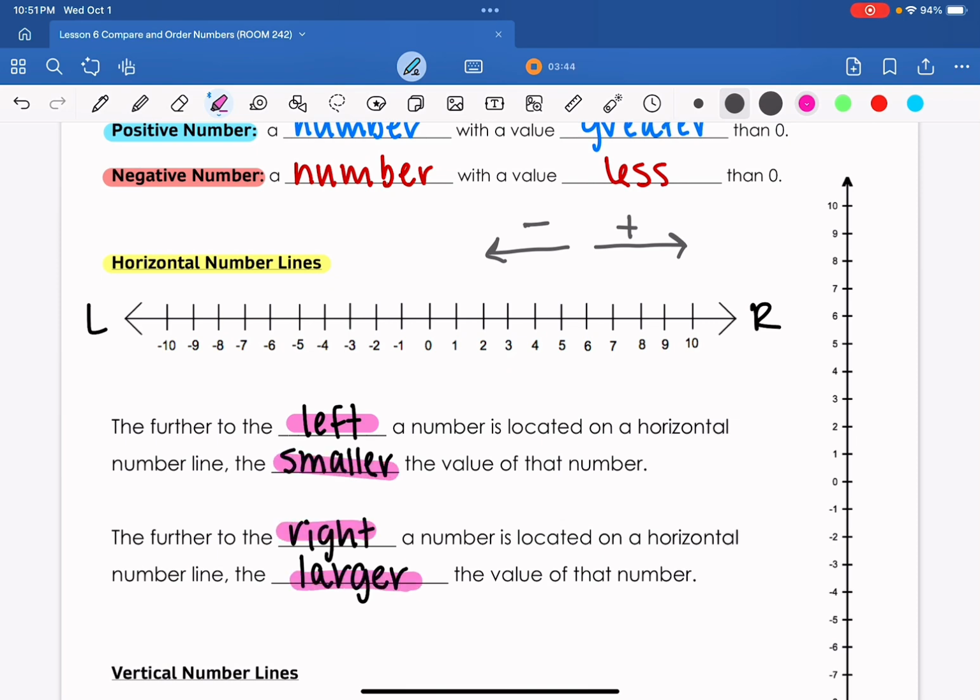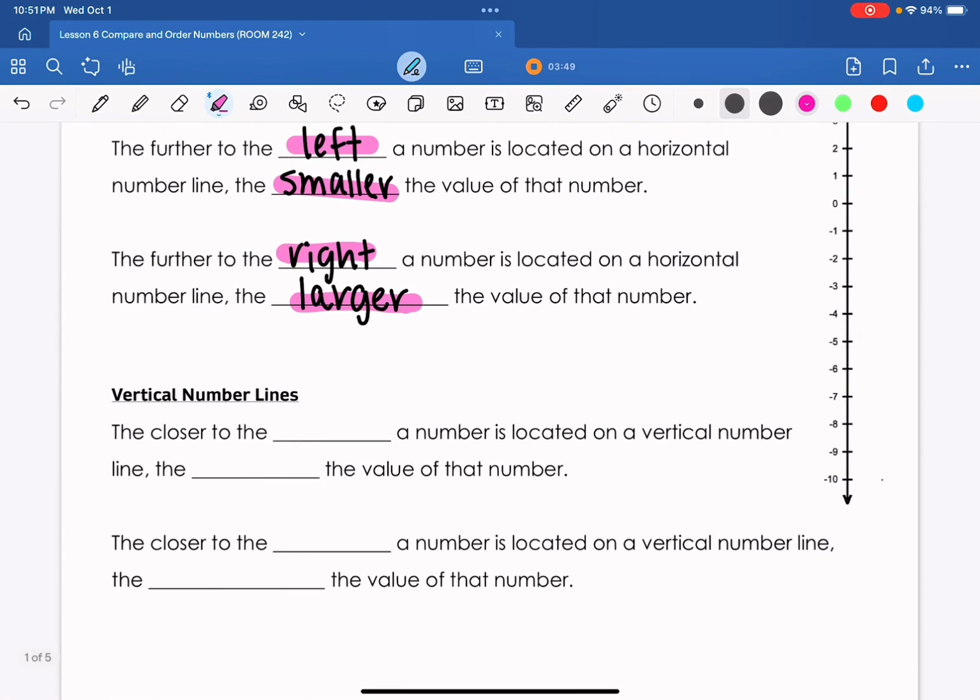Okay? And then let's talk about our vertical number line. So vertical, if you have a hard time remembering, means up to down, right? So we're not going left to right anymore when it comes to vertical number lines. So the closer you are to the top of the vertical number line, the larger the value of that number.